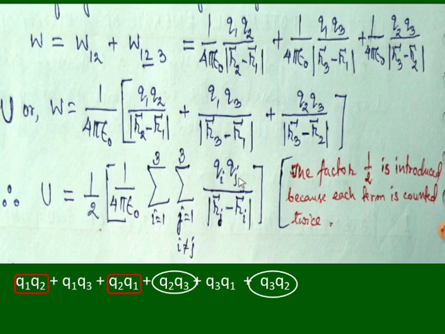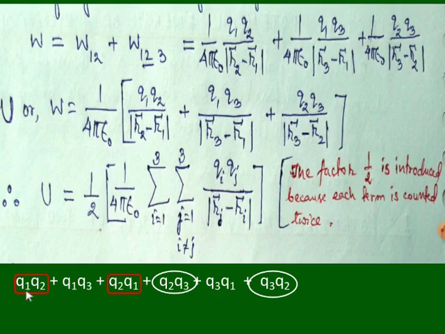Got it? And if you take i equal to 2, then j can take 1, but j cannot take 2, so Q2 Q2 I'm not writing here. Here also I did not write Q1 Q1, because j cannot take the same value as i.